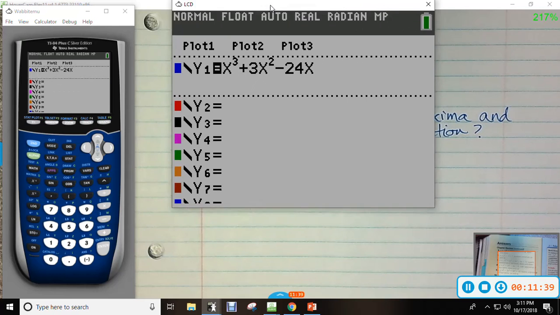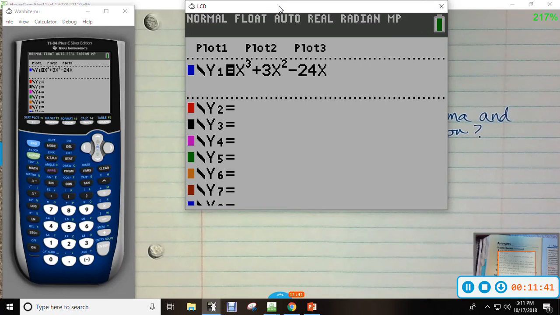Alright, so there it is all typed in. Okay, how many of you already had it in your calculator? Okay, and chances are they adjusted the screen too. I want everybody to go ahead and press, once you've got it typed in, press Zoom 6.